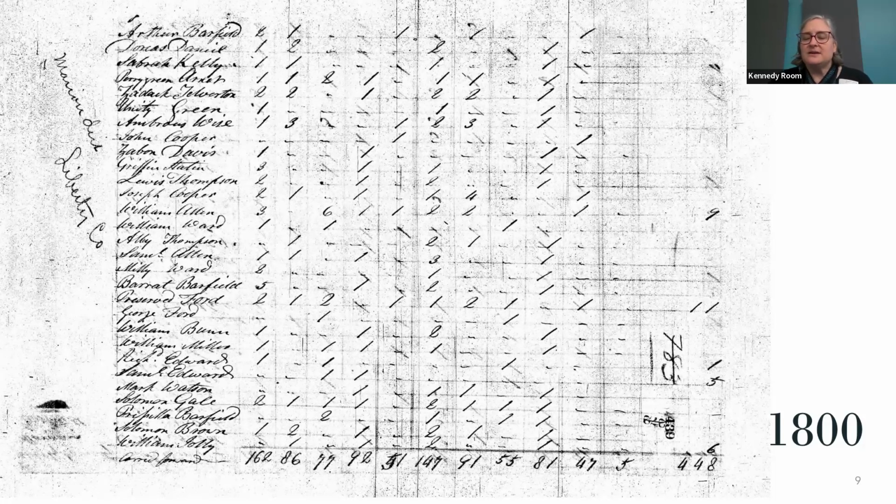Free white females, 2 under 10, 2 between 10 and 15, and 1 45 or over, and 9 enslaved. So it doesn't tell you a whole lot, but it can help, along with some other documents, prove location, and you can at least get an idea if this is the right family or not.